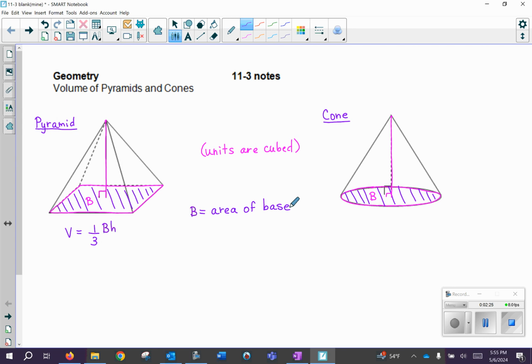Knowing it's the same equation over here, but compensating for the circle, it's going to be 1/3 times the area of the base, which, since it's a circle, is pi r squared, still times that h.